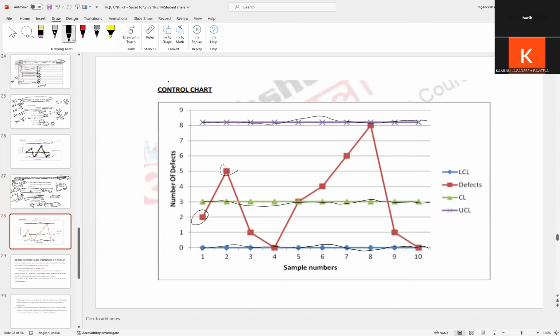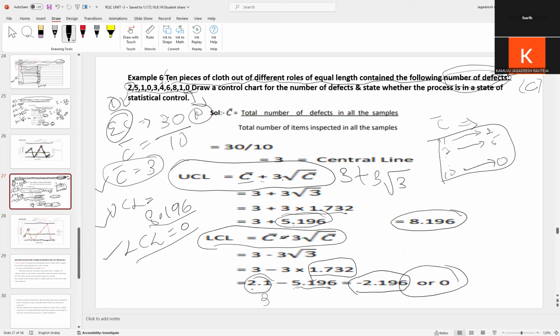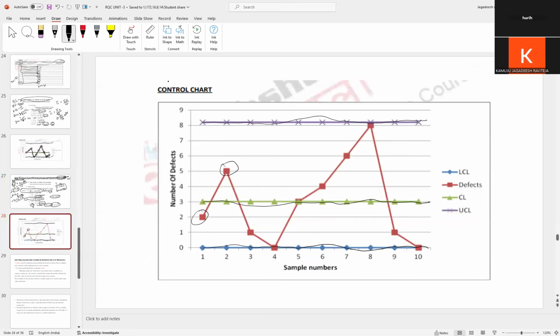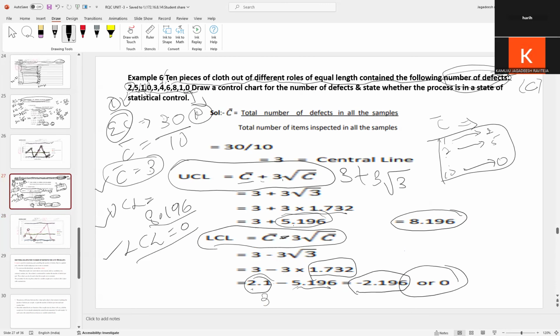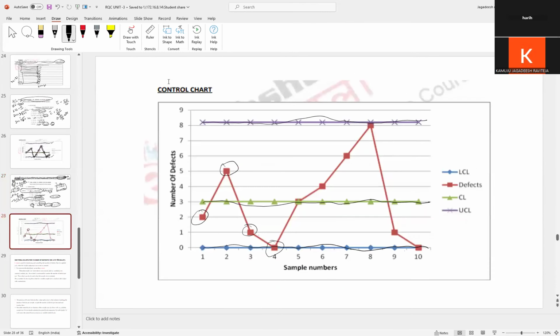For the third sample, it is 1. For the fourth sample, it is 0. For the fifth sample, it is 3. For the sixth sample, it is 4.